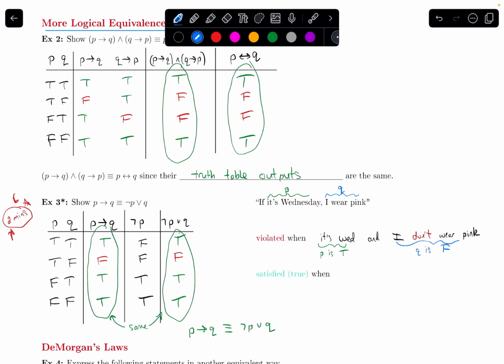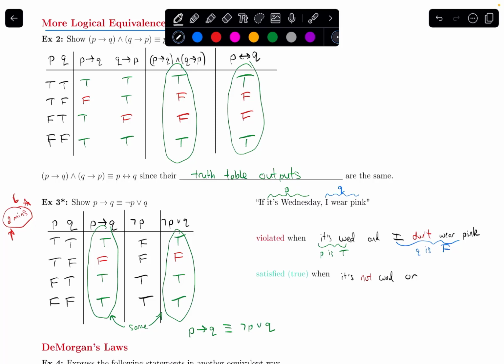So that's equivalent to saying, well, this rule is satisfied or it's true when this doesn't happen. So I'm violating it if it's Wednesday and I don't wear pink. So that means it's going to be true if it's not Wednesday. If it's not Wednesday, I'm in the clear.